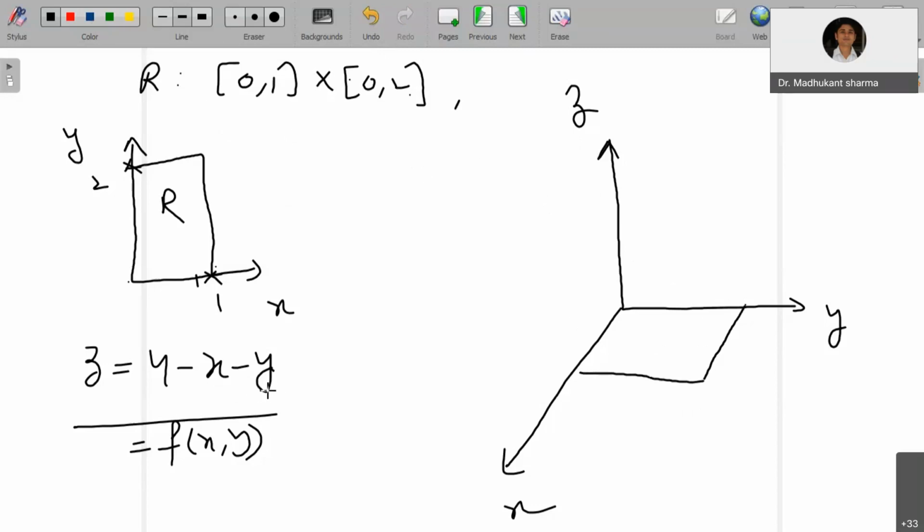So x equals 0, y equals 0 is a part of the domain, so you have 4 at 0, 0. It means you have some downward plane.